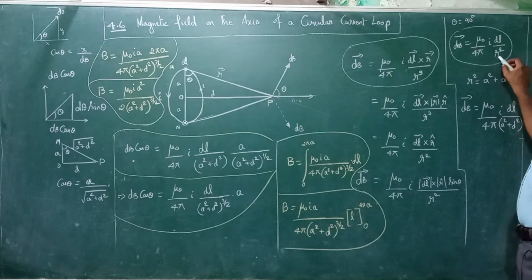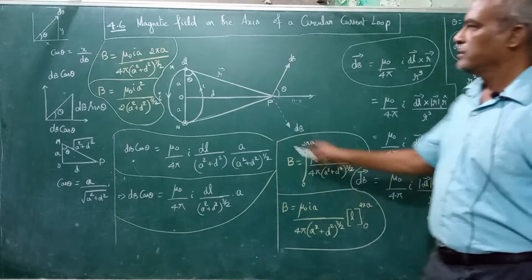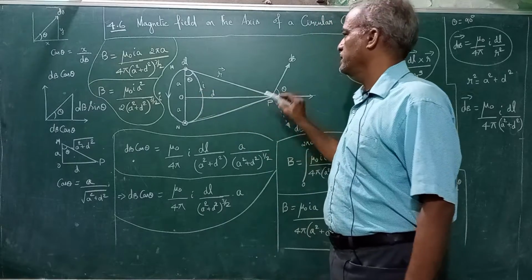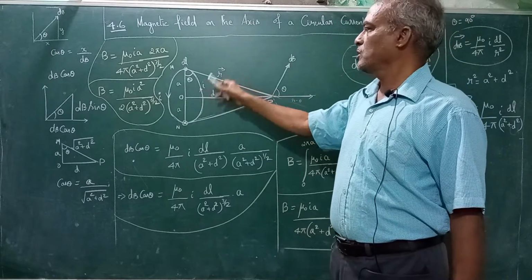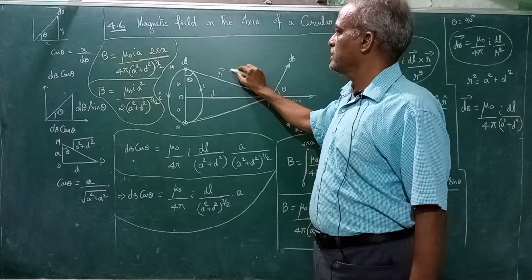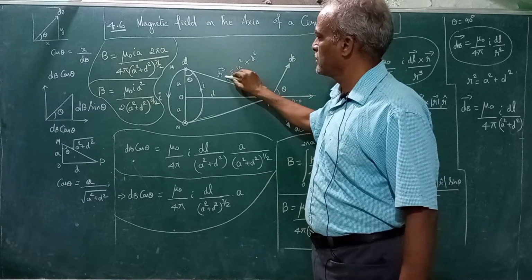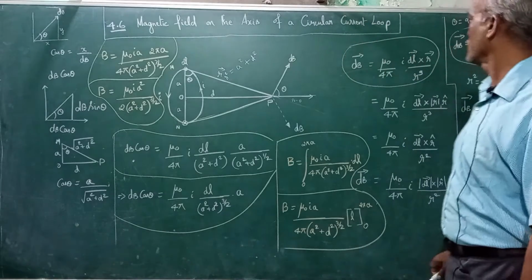Now we are interested in finding r square. Here this is radius a and the distance here is d. So by Pythagoras theorem, r square is equal to a square plus d square.